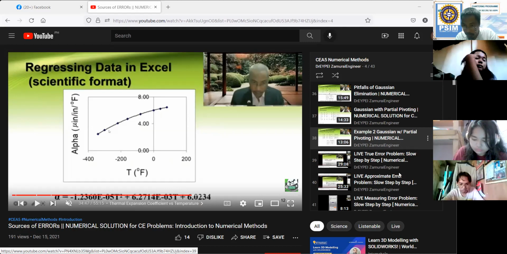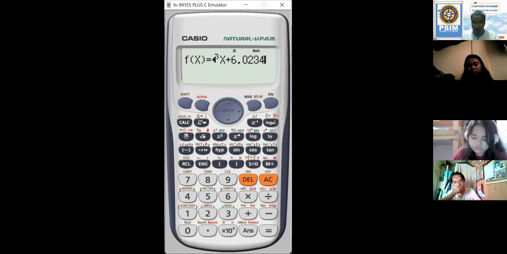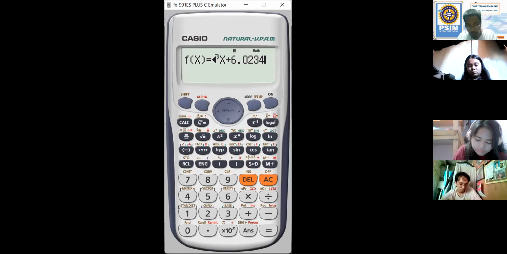At the same time, we are also using a calculator and scientific calculator like this one. Calculator is also another example of a numerical solution, a numerical estimate. So we have the formula in finding out the value of thermal expansion using the quadratic model.